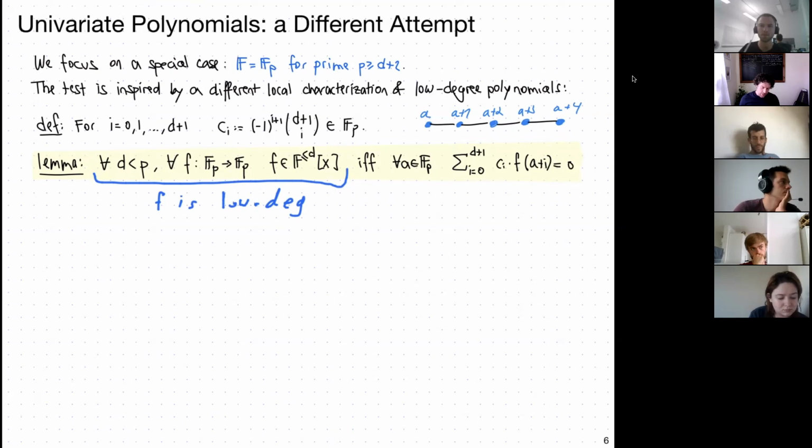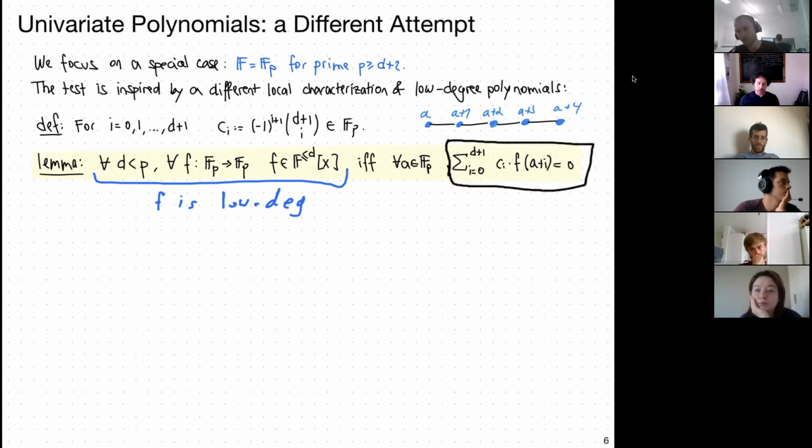So it's some sort of linear constraint that the function has to satisfy. And at the risk of boring you a little bit, I want to stick a bit more and say exactly what this means. So, we have our constants, and let's not worry about them too much. These are some constants that satisfy this relation. But essentially what we're saying is that for every value a in a finite field.